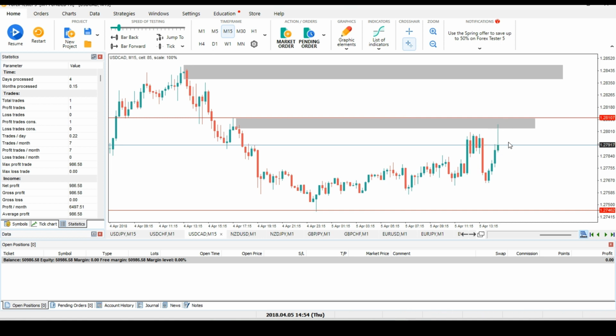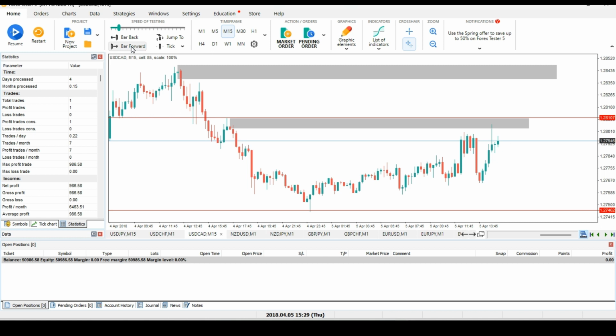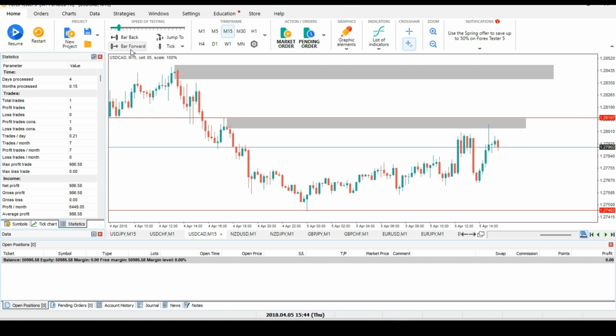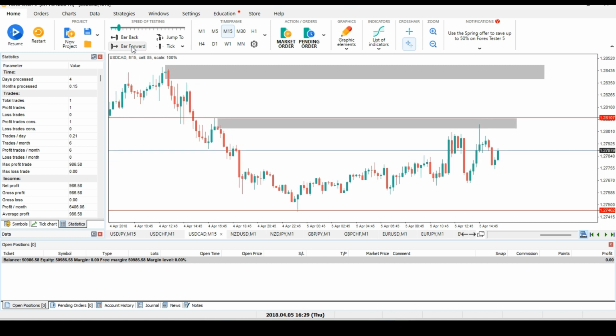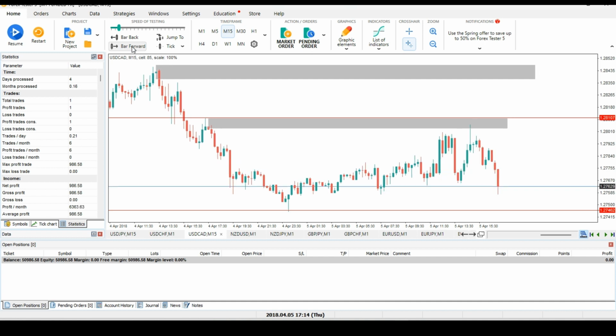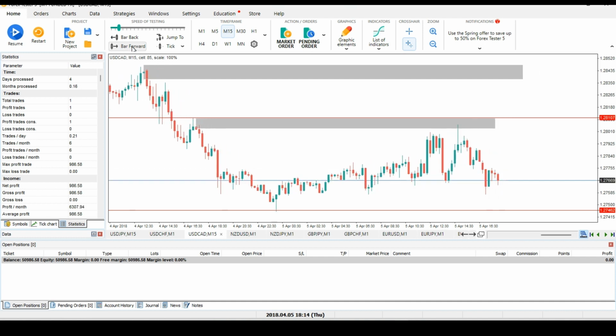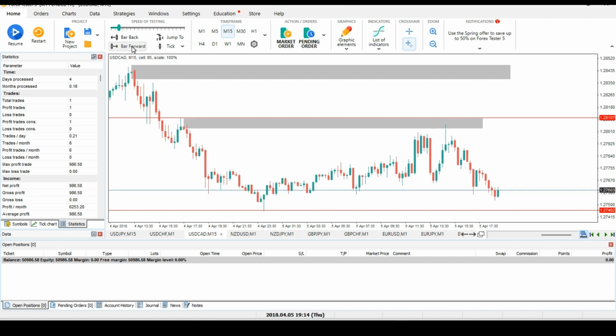However, it has left me, and I can't enter from here. So let me see if I'm going to have another chance to re-enter. Don't have FOMO, and unfortunately we've missed out on this beautiful setup.